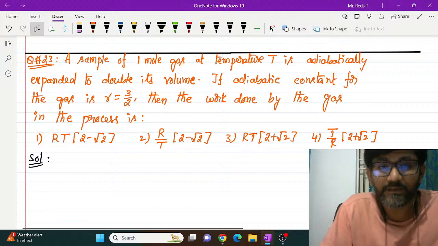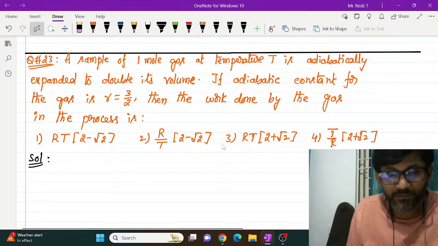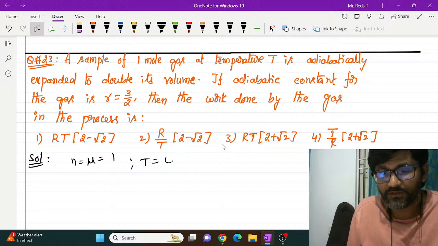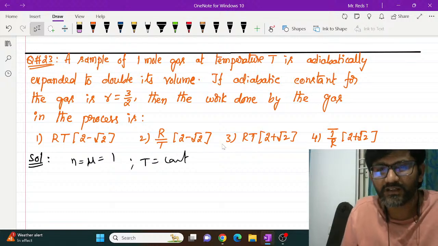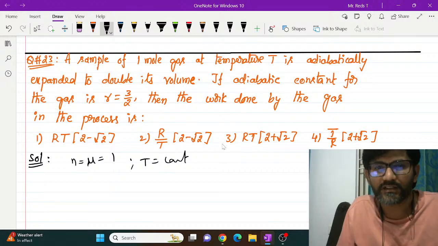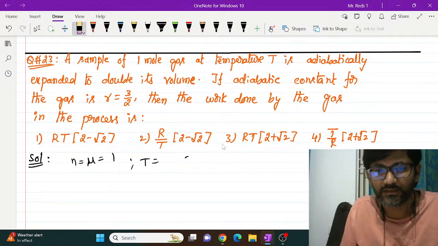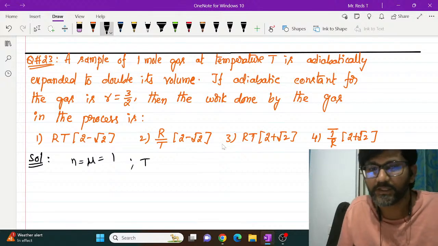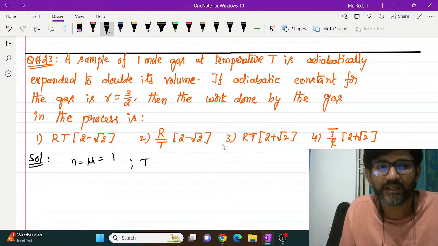Here, what is given and what are you asked to find? A sample of 1 mole of gas, number of moles N or mu, any symbol you can use, is equal to 1, at temperature T. At a given temperature, so if the temperature is constant, it is not adiabatic, it is isothermal. At temperature T it is adiabatically expanded to double its volume.